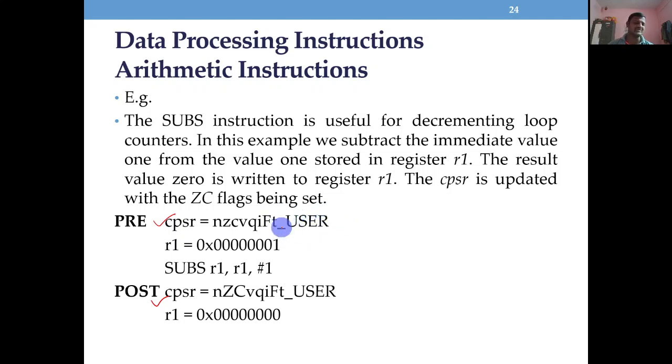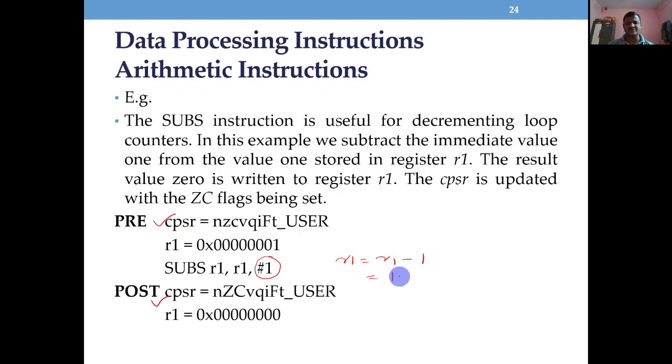Out of 7 modes, you are working in user mode. So R1 minus #1 is immediate addressing mode: a constant number specified directly with the hash. In the morning we discussed that we use hash for constant numbers. So R1 equals R1 minus 1.